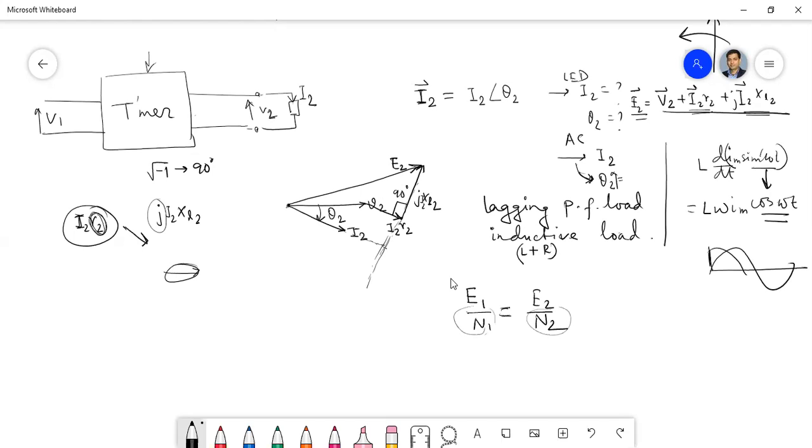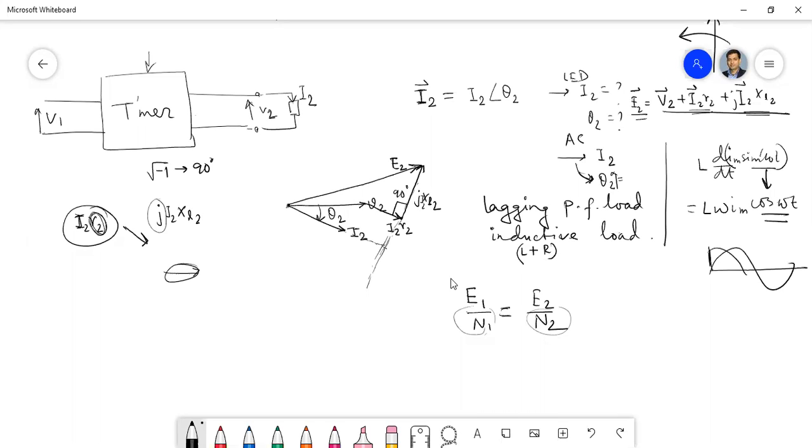So E1 and E2 are in the same phase, only their values are different. If it is a step up transformer, E1 will be less than E2, and if it is a step down transformer, then E1 will be more than E2.